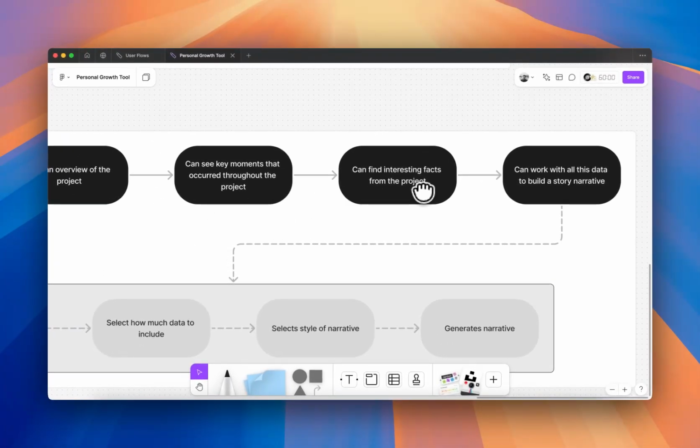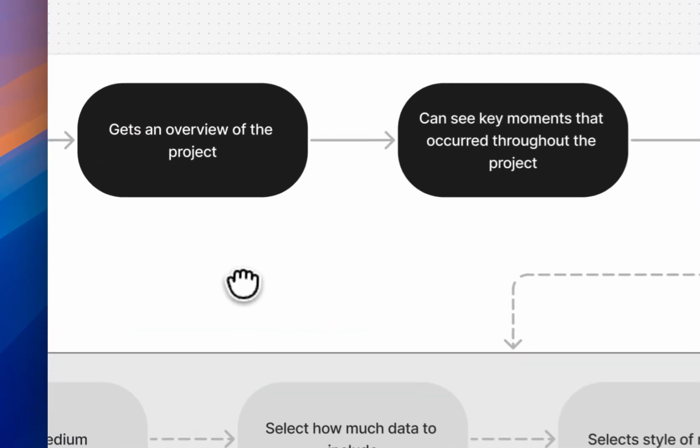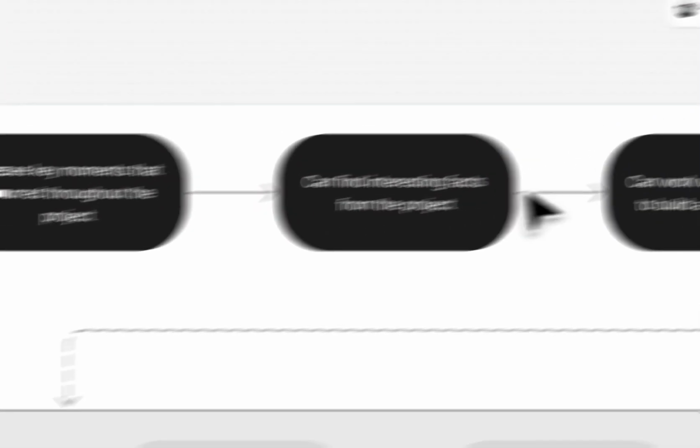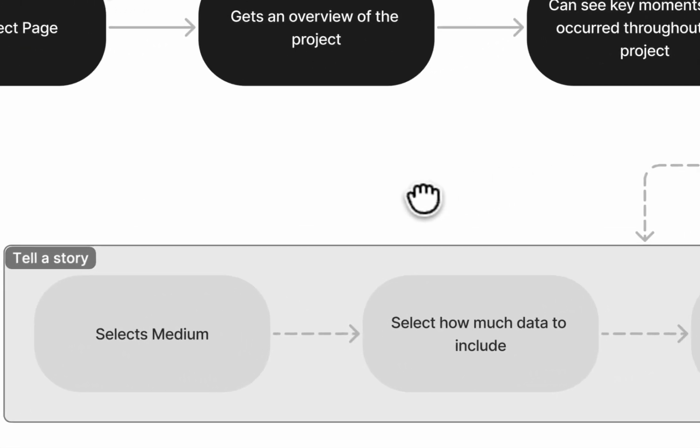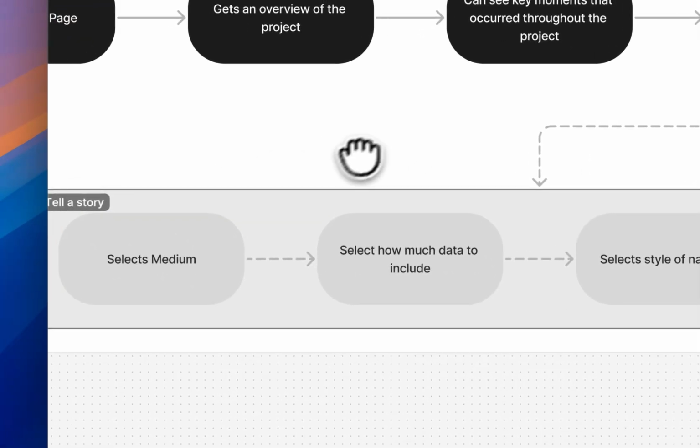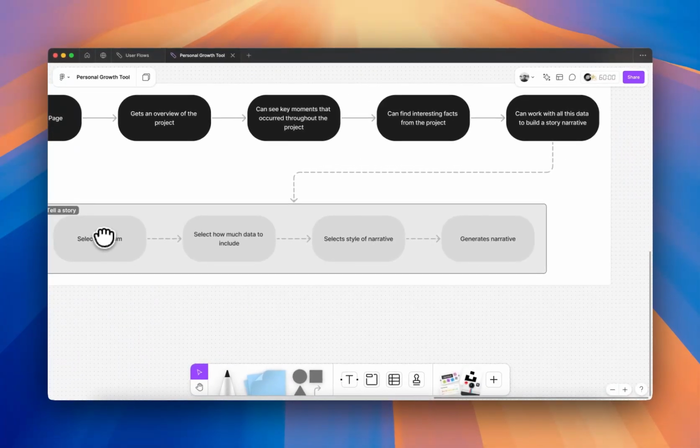They can find those insights, and then they can use all of these points or data to build a story narrative. And to build a story narrative, they can select a medium of their choice. So if they want to post it on a blog, or on social media, or if they want to just tell a story to someone through a presentation, maybe, or through case studies, or even in interviews.